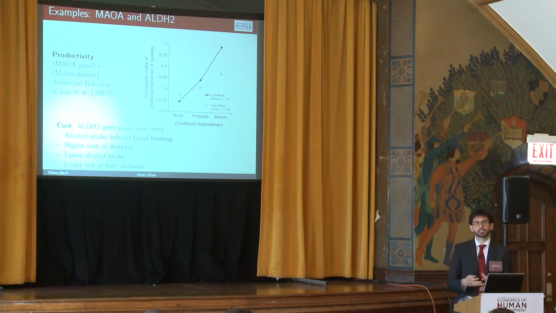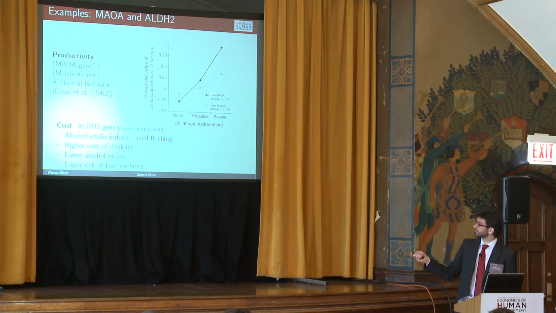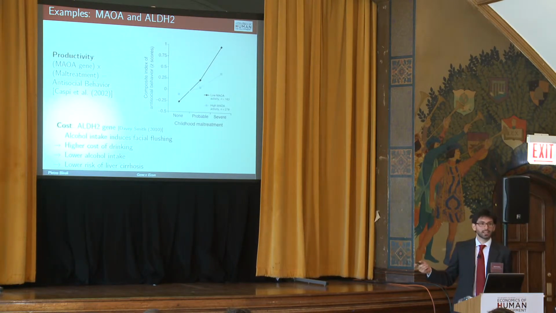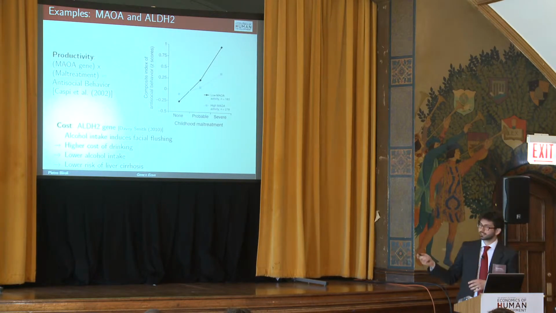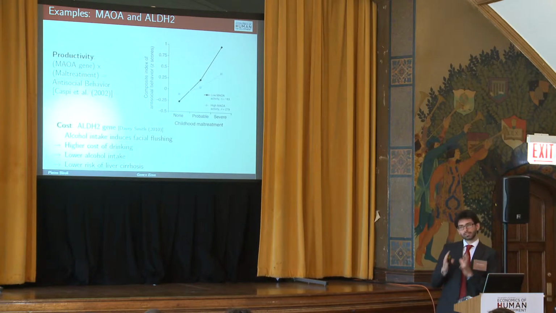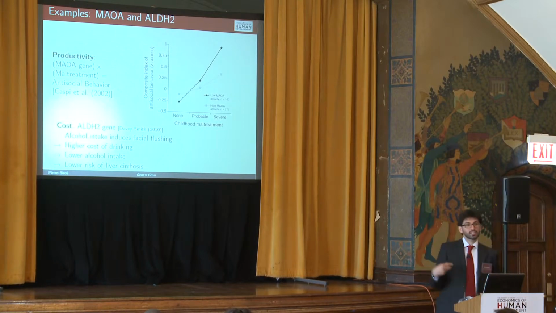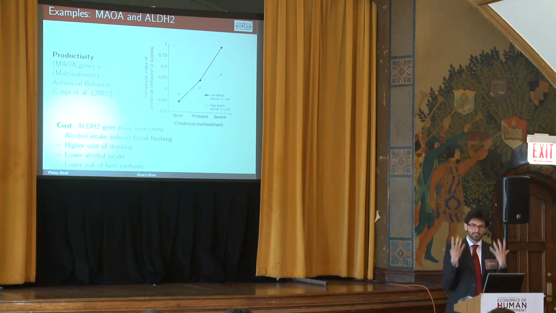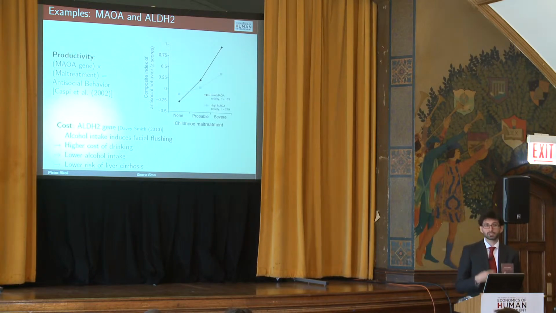In terms of cost, I'm going to talk about the ALDH2 gene. It is a genotype that is fairly common in populations of Asian ancestry, and it has been related to facial flushing, drowsiness and palpitations. The way that this gene works is that it metabolizes alcohol, and so the people who have one particular genotype, when they drink too much, have facial flushing, they become red, and it's much harder for them to drink too much.